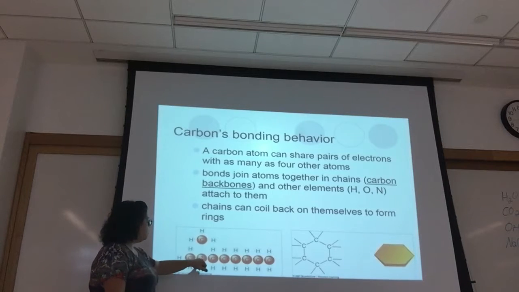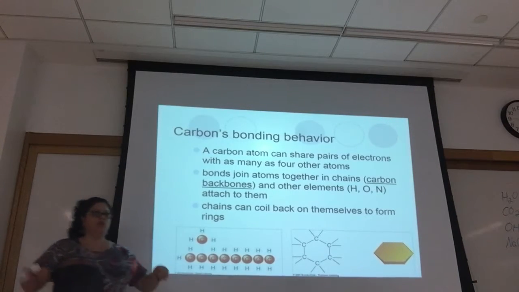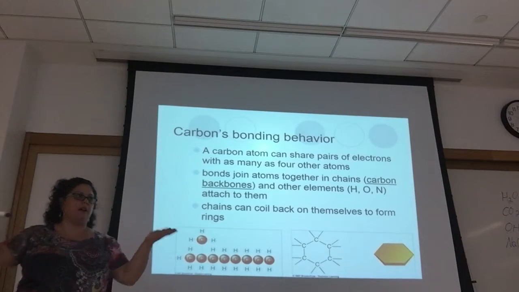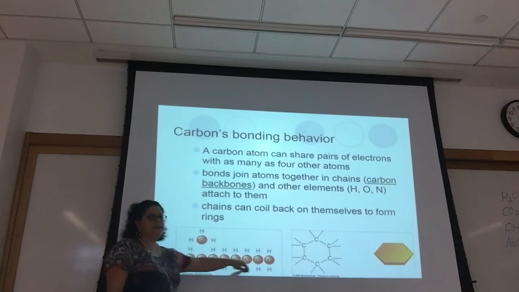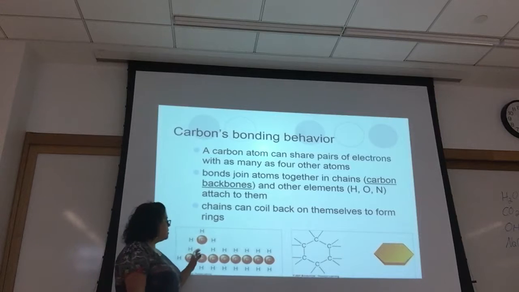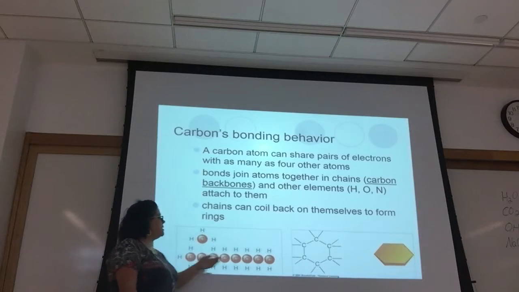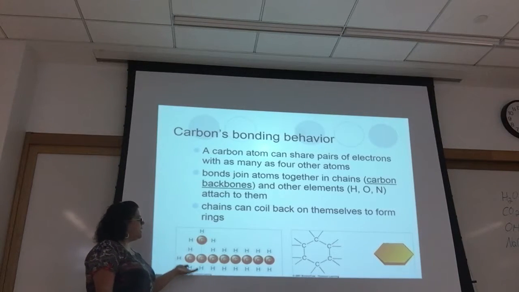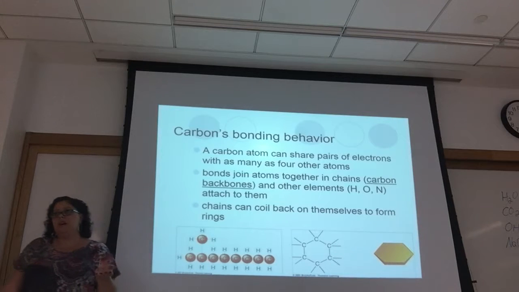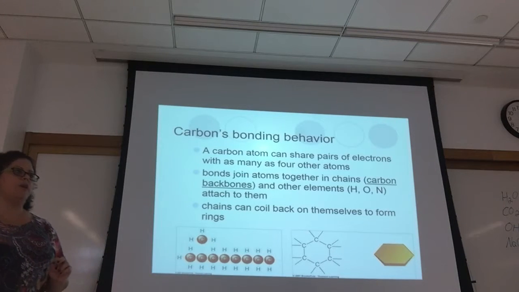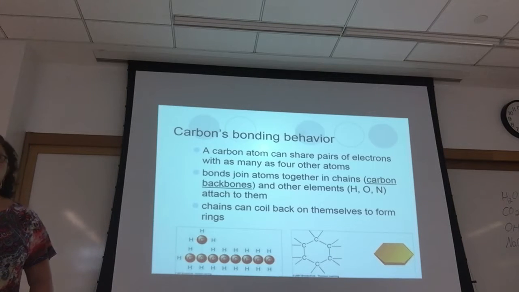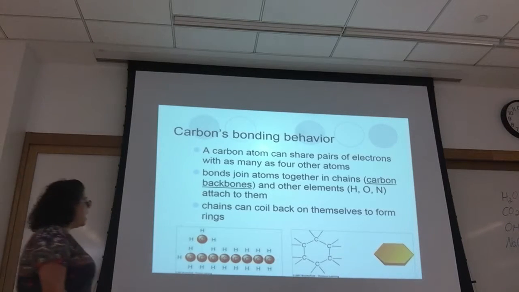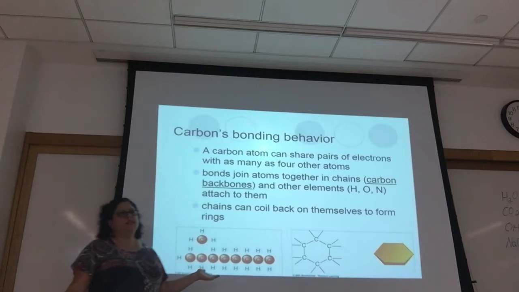If I look at every one of these carbons, there should be 4 lines coming away from it. Does this make sense? So this molecule, since it is composed of carbon and hydrogen only, we call a hydrocarbon. It's a hydrocarbon chain.